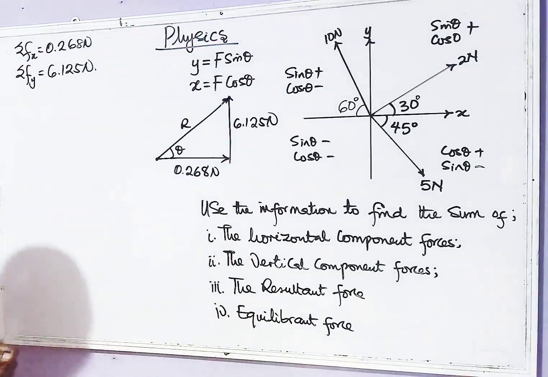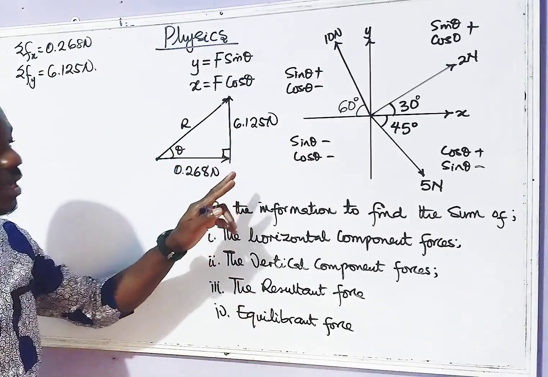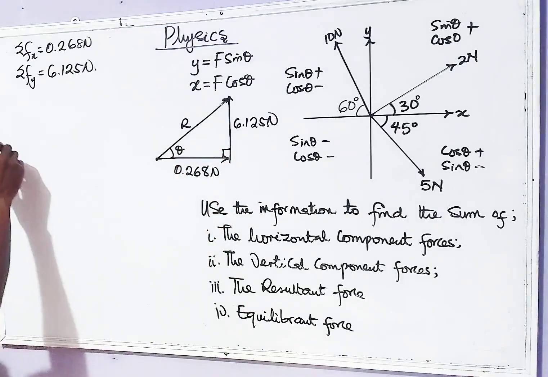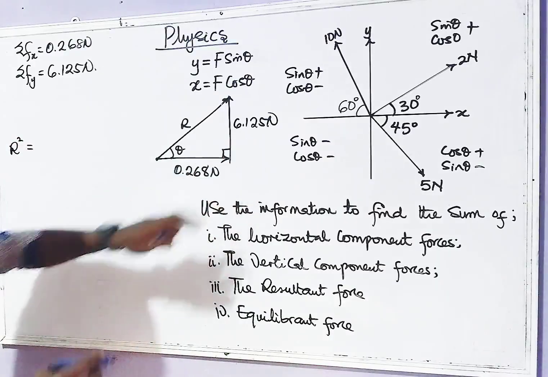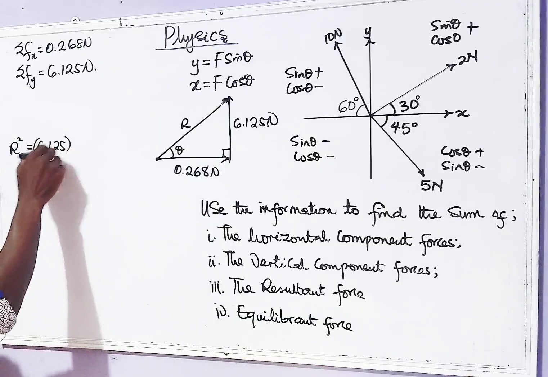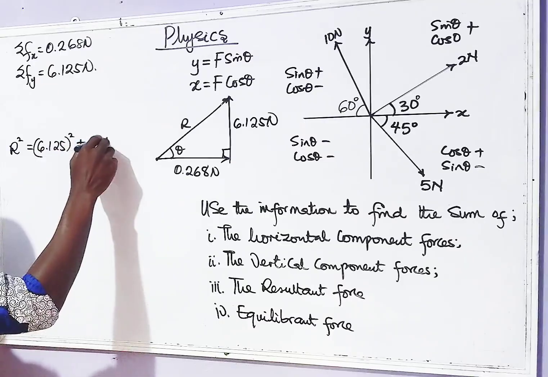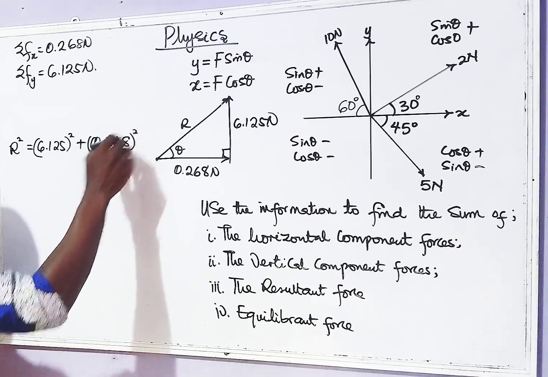You can see this is a right angle triangle, where r squared equals 6.125 all squared, plus 0.268 all squared.